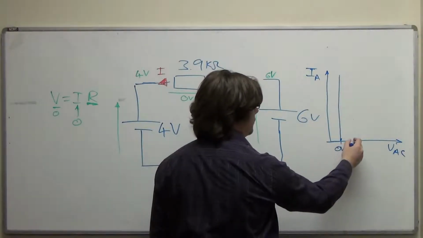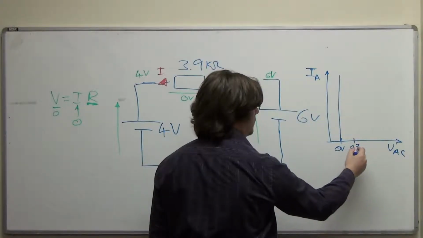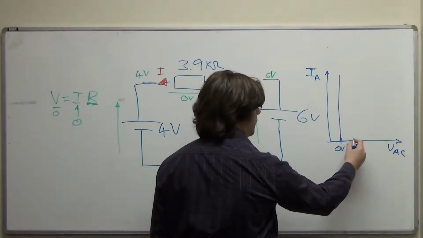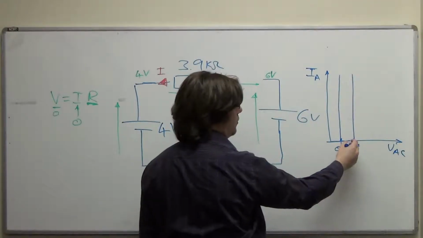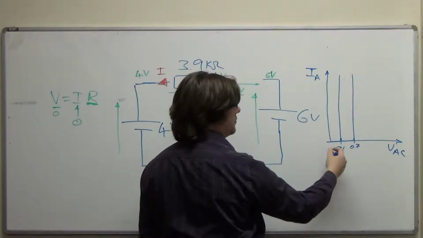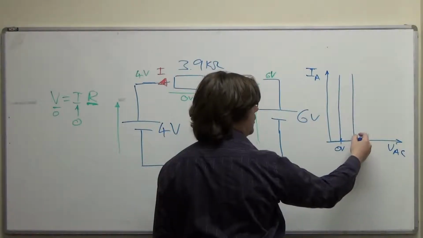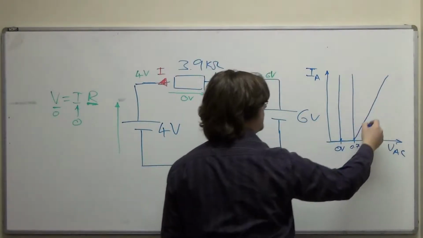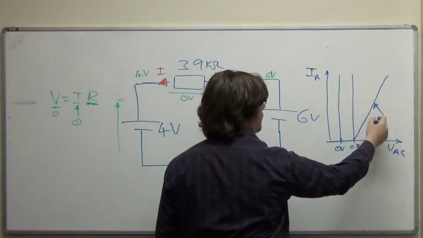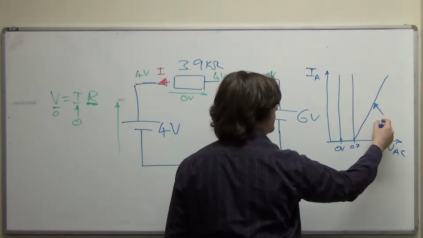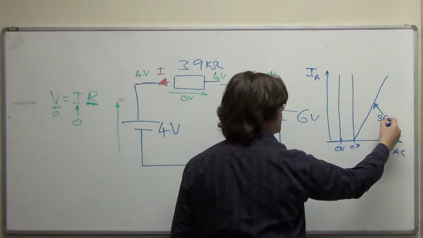And we had another one that was at 0.7 volts, turn on immediately, and before 0.7 volts, nothing's going on at all. And then we had another one that said there was nothing up to 0.7 volts, and then the current increased as a straight line, and this line is representing the series resistance.